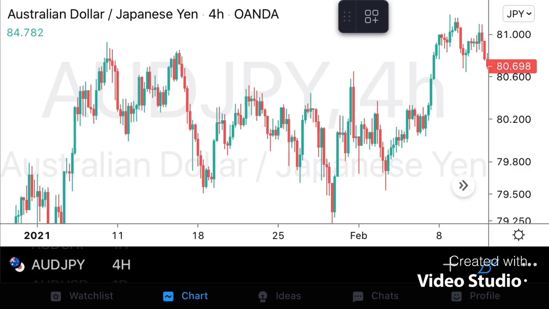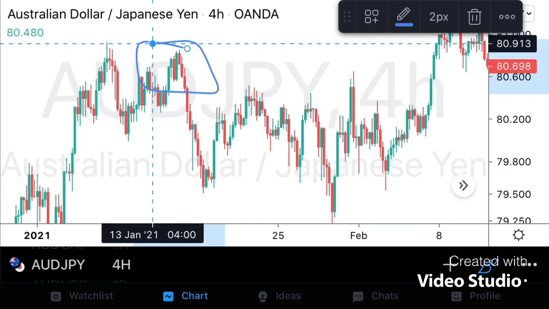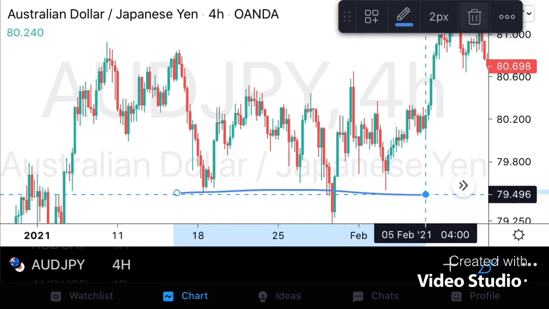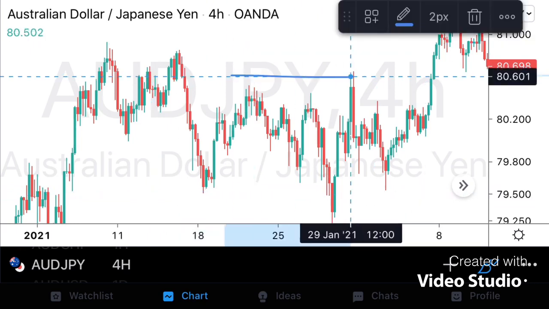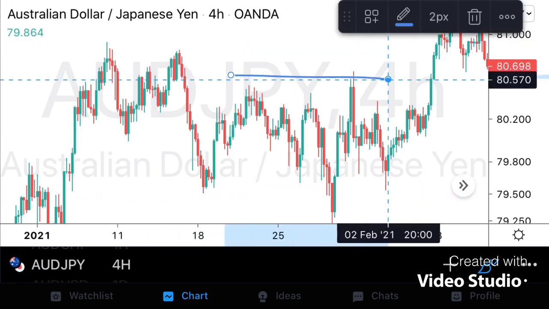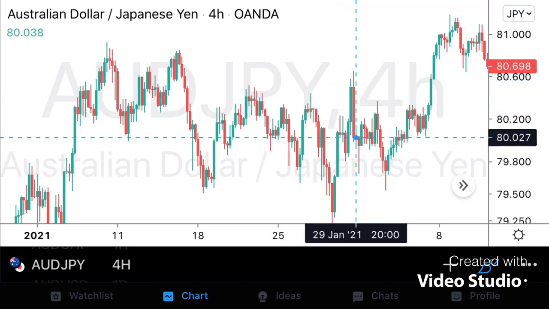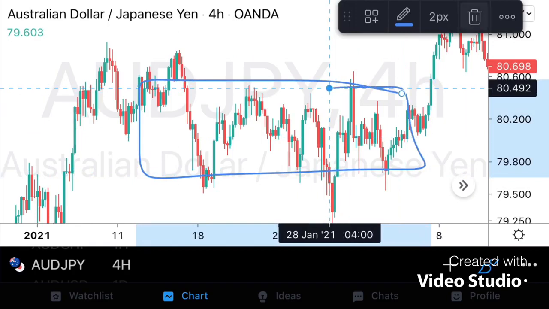For example, if we took a sell in this area here and looked to trade the structure, we'd be waiting for price to break and close below the structure here. We'll move stop losses above previous structural highs, and as you can see, we'll probably get stopped out. This is obviously because this is a ranging market.